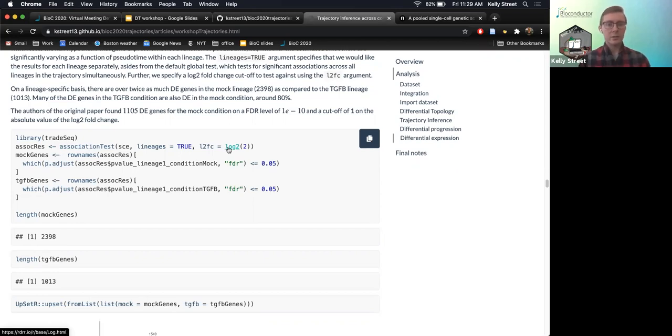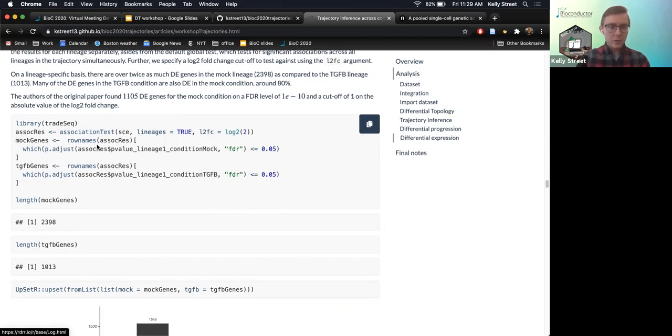And this is not looking specifically at the conditions, although we are fitting it separately. No, I'm sorry, we're fitting it once, but then adjusting the p-values within condition. And so we've got separate dynamic genes within each condition.